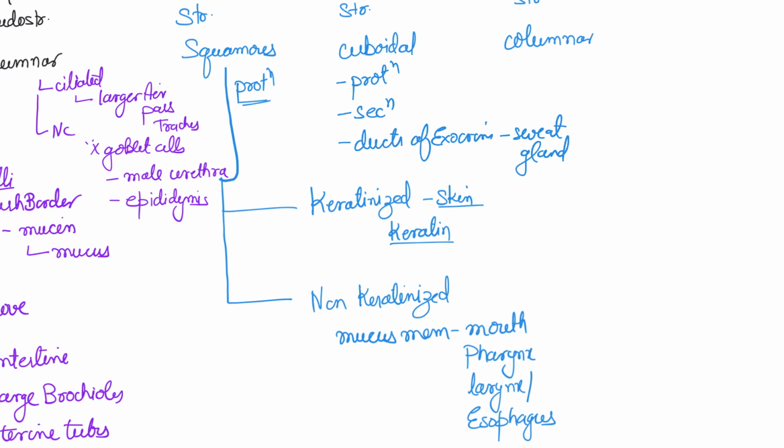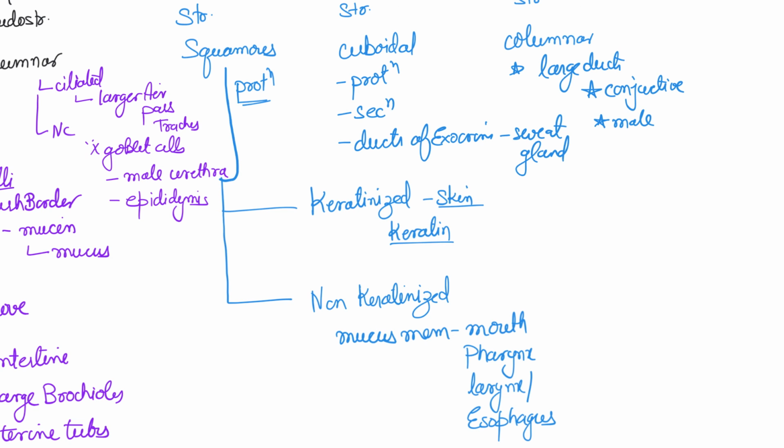Okay. Now, stratified columnar epithelium. This is relatively very rare in the body, right? And there are only a few places that you'll find them. So large ducts of glands, so glands which have large ducts, you'll find them there. You'll find them in the conjunctiva of the eye, okay, and a part of the male urethra.